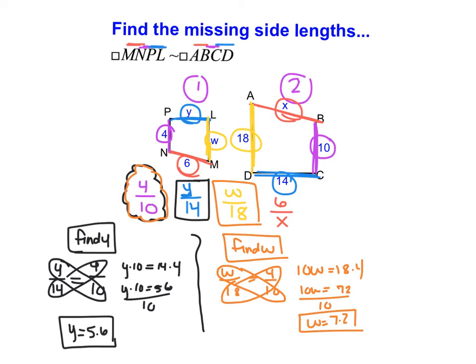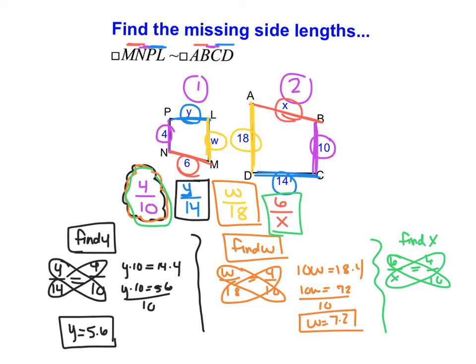All right, and last but not least, we're going to actually find x. So now I'm going to use my ratio with x. So 6 over x is equal to 4 over 10. Then I cross multiply here. So I end up with 6 times 10 is equal to 4x. So I get 60 is equal to 4x.